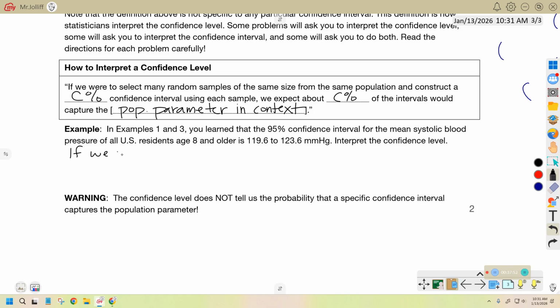If we were to select, and yes, this is tedious, welcome to statistics, many random samples, the next chunk of that statement is important. Of the same size from the same population.